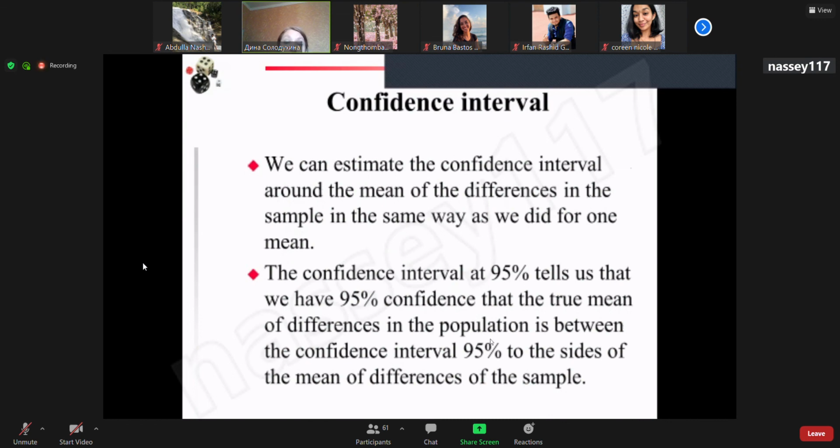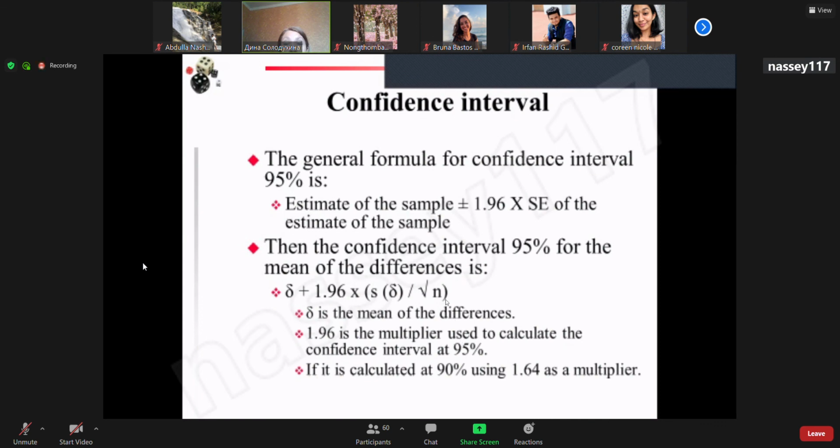If we have a confidence interval at 95% level, it tells us that we can be quite confident that the true mean of the differences in the population is within the confidence interval around the mean of the differences of the sample. So we use exactly the same formula, with our parameter plus or minus 1.96 times standard error.